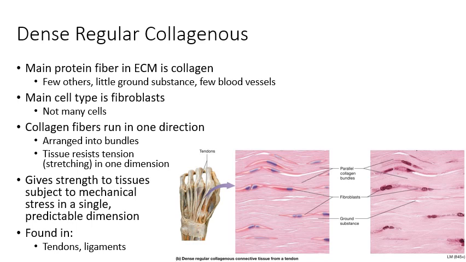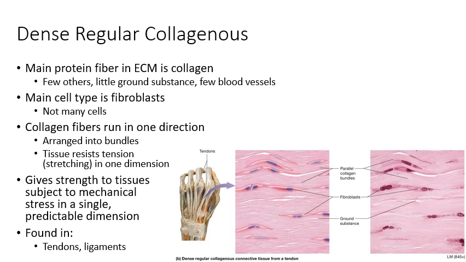The main difference between dense regular collagenous and dense irregular is that the collagen fibers in dense regular collagenous all run in one direction. So as you can see in this tissue here, the fibers are all basically running horizontally, and they're all basically running together.